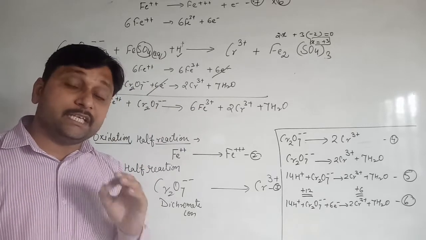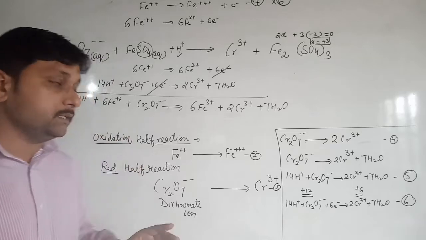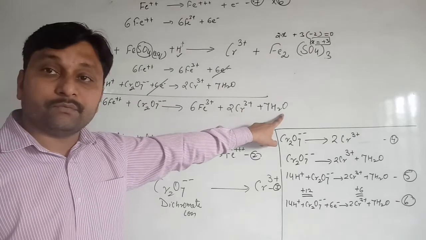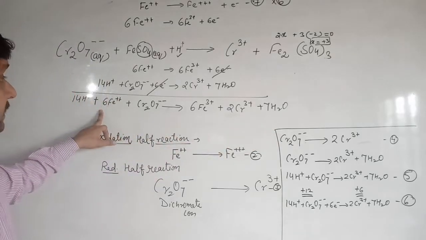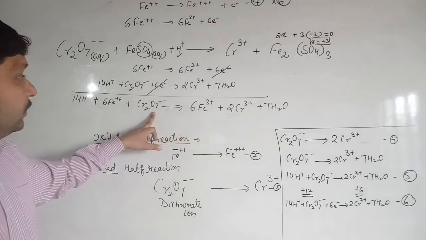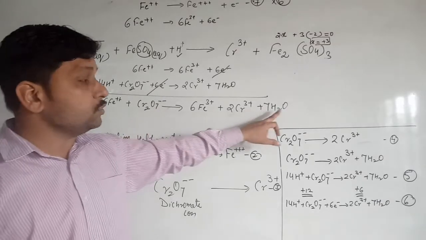Now we can check each and every atom and the charges. See here, how many hydrogen? 14, and this side 7 times 2 is 14. Iron 6, this side 6. Chromium 2, this side 2. Oxygen 7, and this side also 7.